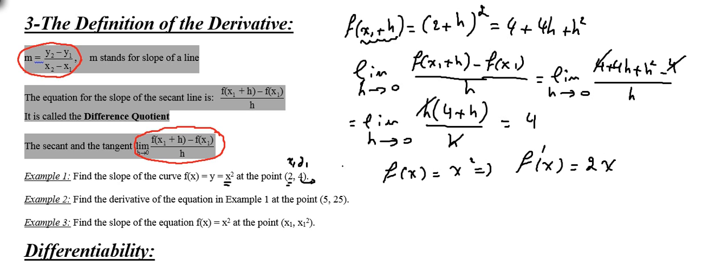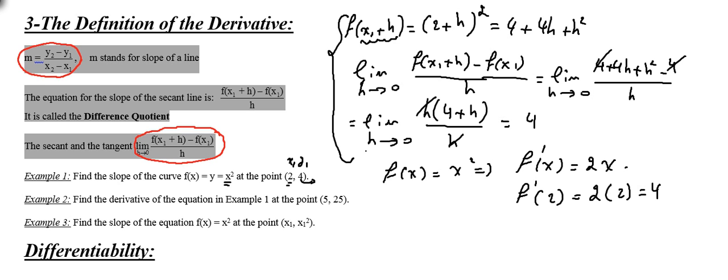At x equal 2, we need to find f prime of 2, which is 2 times 2, and the answer is also 4. This is also correct, and an easy, useful way to find the derivative at a point. But when we are asked to find the slope of the curve starting from the definition, we have to use the limit. Here it didn't ask, so I did it both ways.